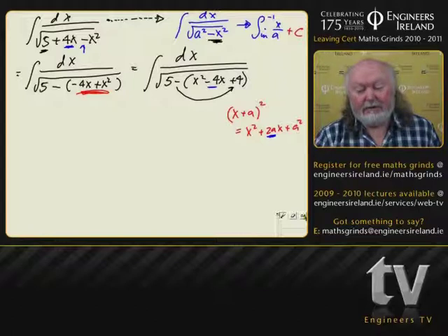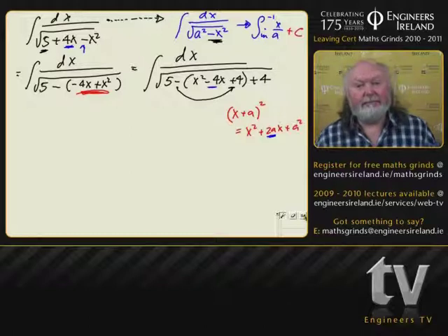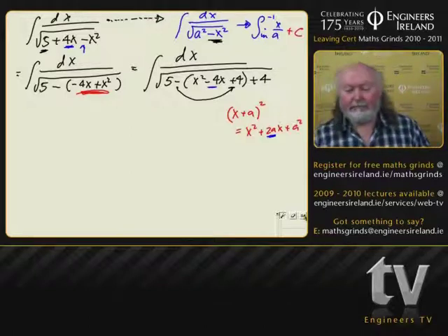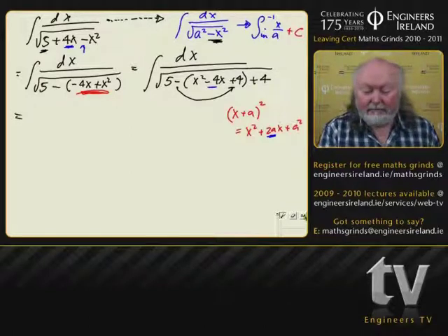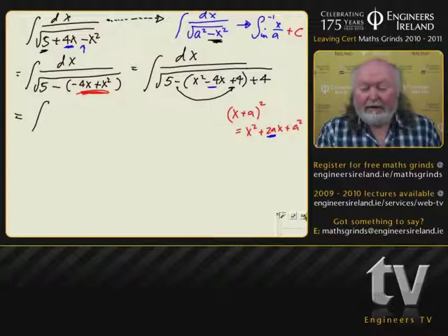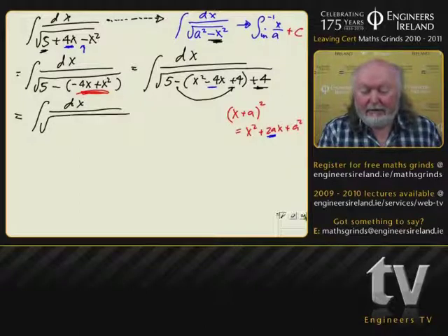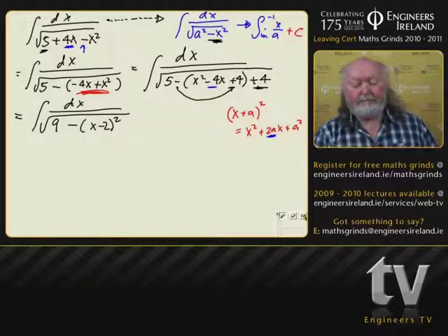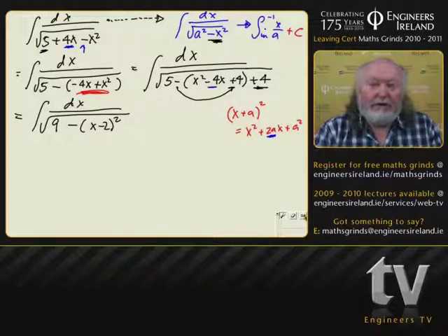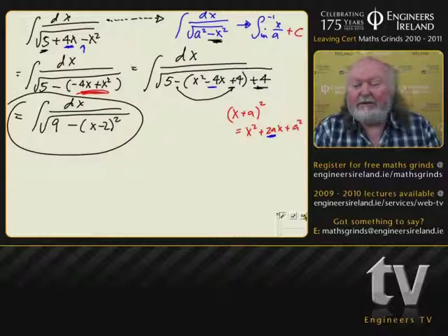So because I've this minus 4 here underneath my bracket, I'm going to add 4. And that 4 is outside the bracket. So I have the dx of 5 and 4 is 9 minus, we know 9 is 3 squared. So I now have this in a form that's very useful because it's a lot like this.